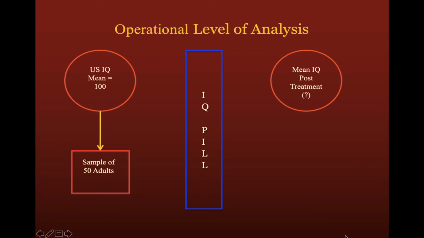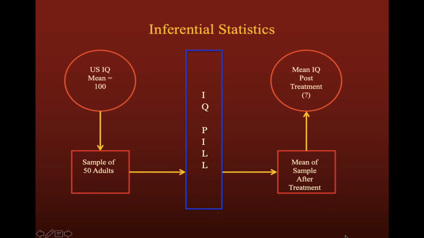You want to see what their IQ would be if you gave that sample the pill, and based upon that sample, you infer what would have happened if everybody in the population had gotten that pill.